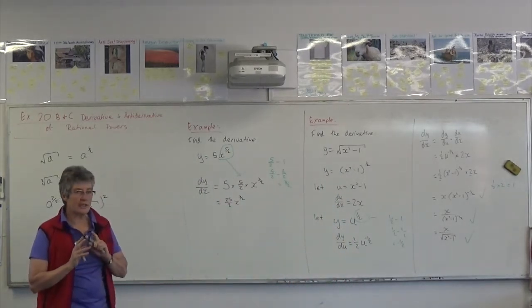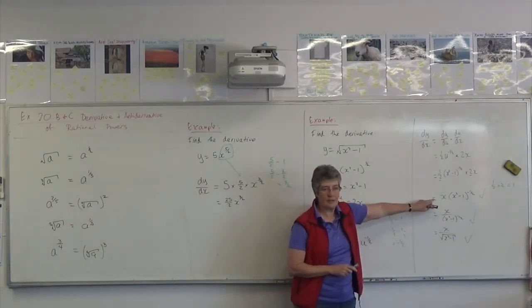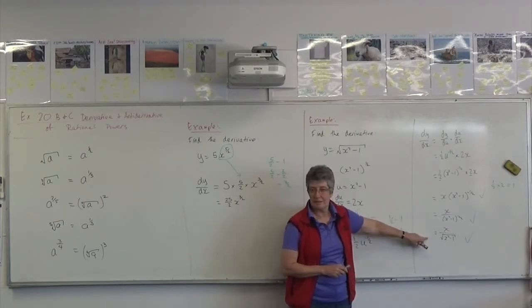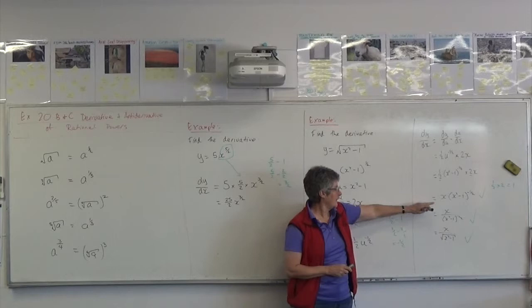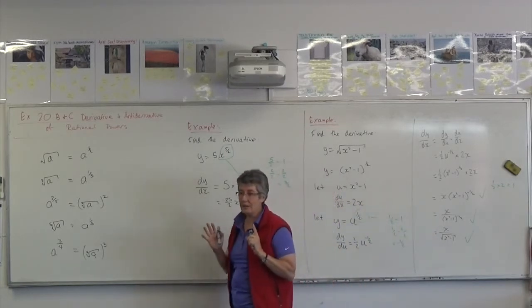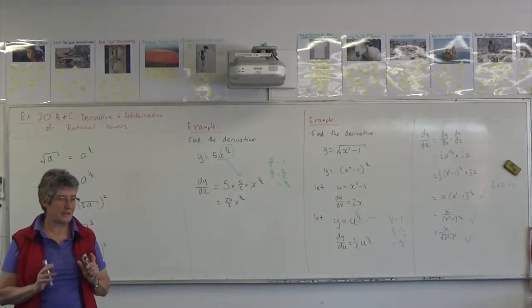So if you look in the back of the book and see it written like that, then you've just got to have a think about, is mine still the correct answer? Okay? The book may have it like that, the book may have it like that, and the book may have it like that. But any of those answers are correct. Does that make sense?